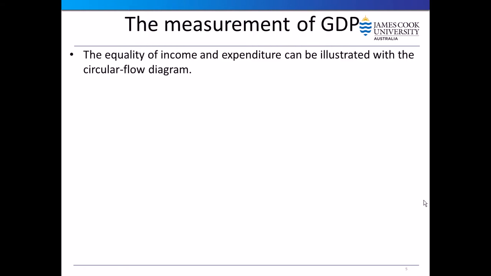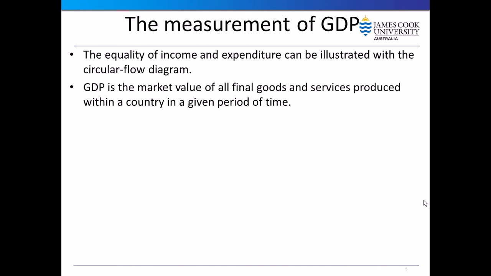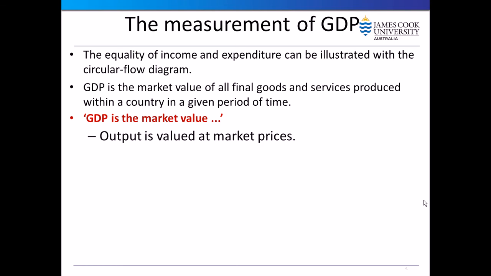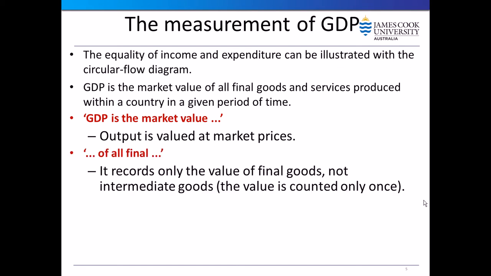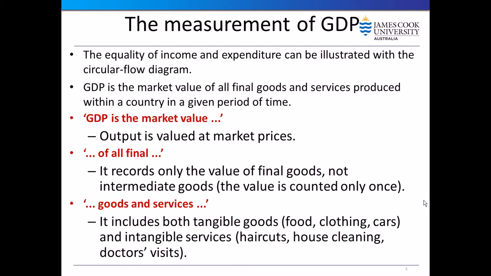Okay, so GDP is the market value of all final goods and services produced within the country in a given period of time. It is the market value, so output is valued at the market price. In a moment, we are going to go through some examples. Of all final, it records only the value of final goods, not intermediate goods, and includes both tangible goods like cars, like iron ores.